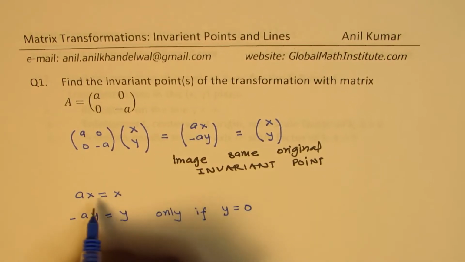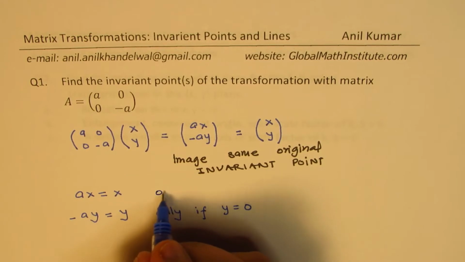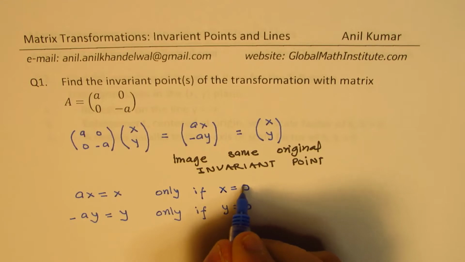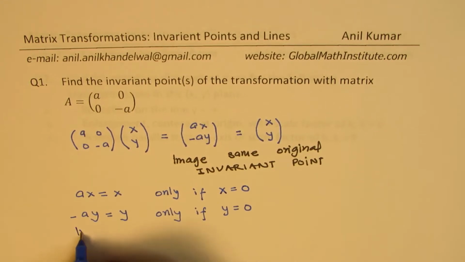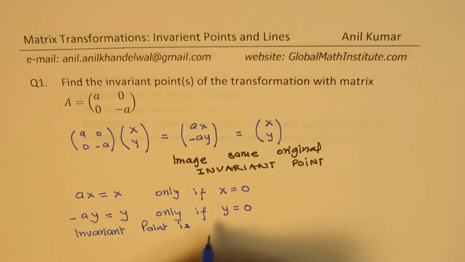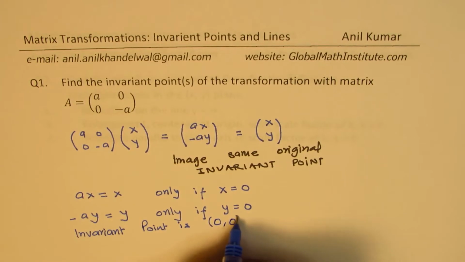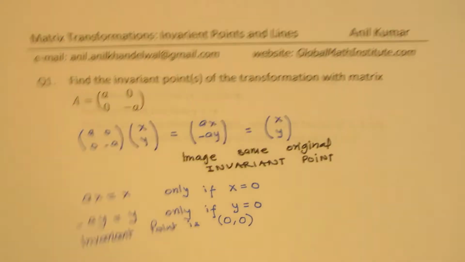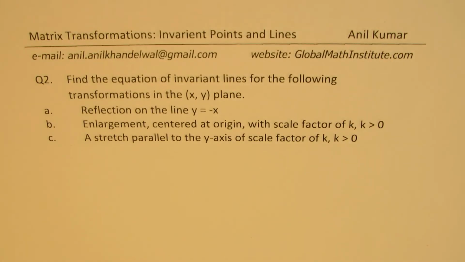And here AX equals x is possible only if x equals 0, correct? And therefore we get our invariant point, which is the origin itself, 0, 0. You also understand that for any linear transformation, the origin is always an invariant point, correct? Well, that is our answer for the first question.